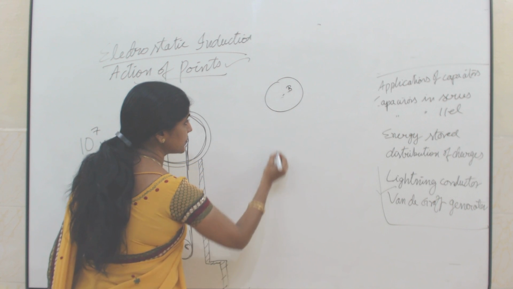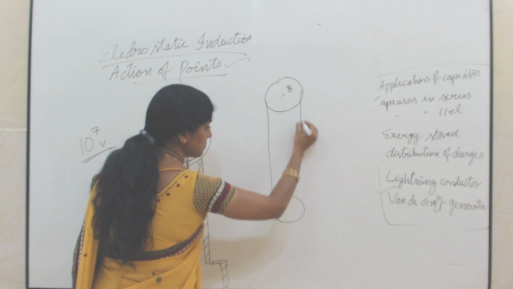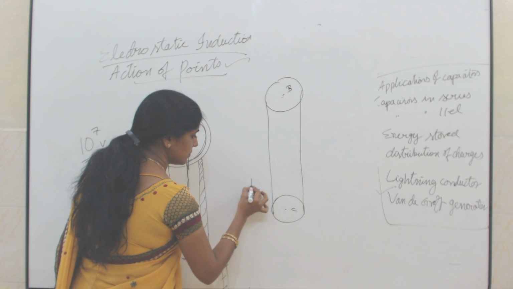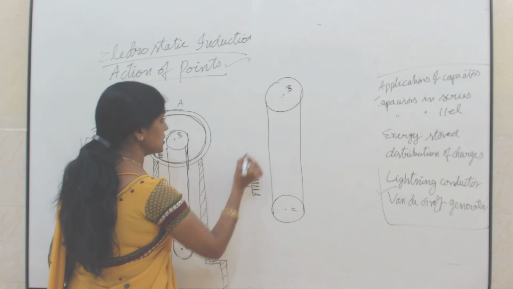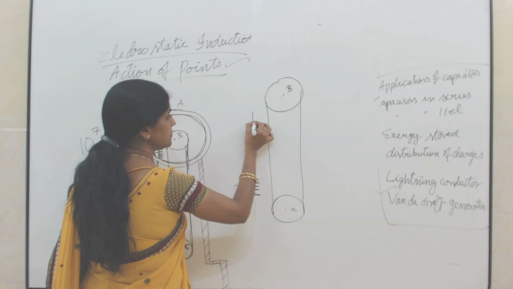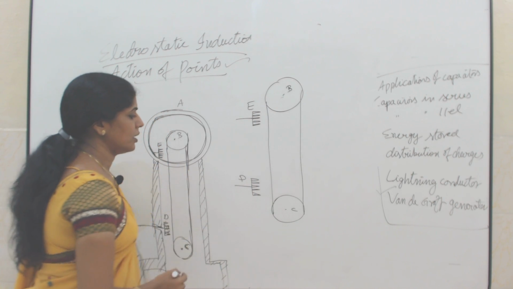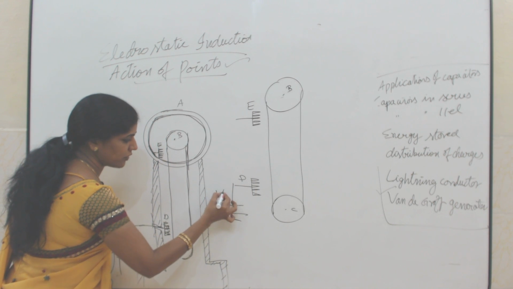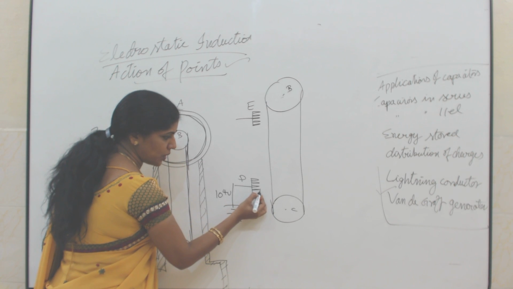This is B and this is C. Here I have two combs, this is D, and one is here near B. Now, D is connected to the positive terminal of a battery which gives a potential of about 10 power 4 volts. So, what happens at this point?